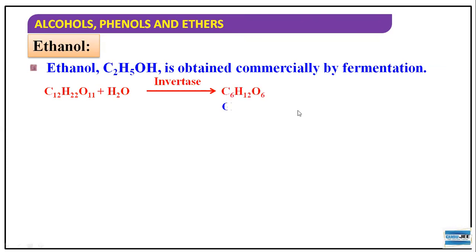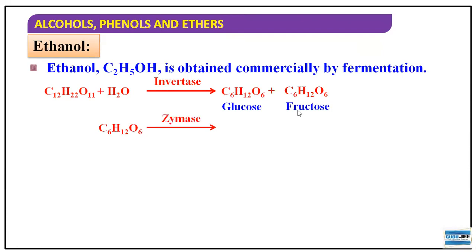That will give you glucose and fructose. The glucose is then, in the presence of zymase, converted into alcohol. So first, the action of invertase, and second, the action of zymase. This is the commercial production of ethanol.